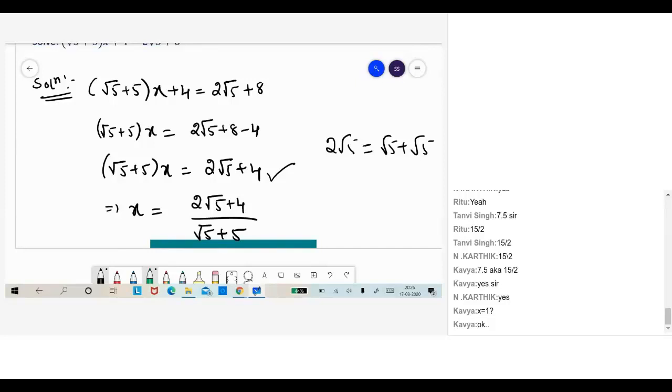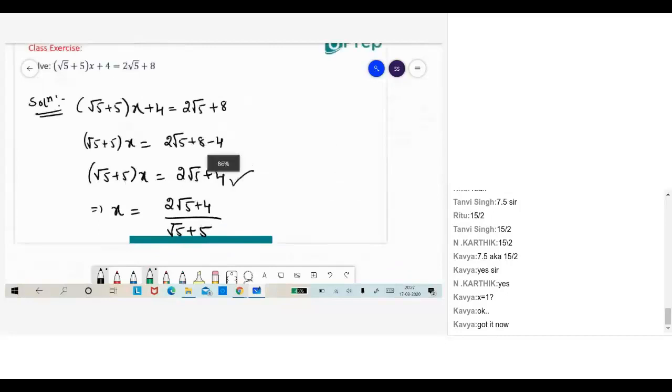Root 5 into root 5 is root 25, which can be written as the square root of 5 square, so the root and square cancel, and the value is 5. So there is a difference between root 5 into root 5, where the root goes and it becomes 5, whereas root 5 plus root 5 is 2 root 5. Clear?